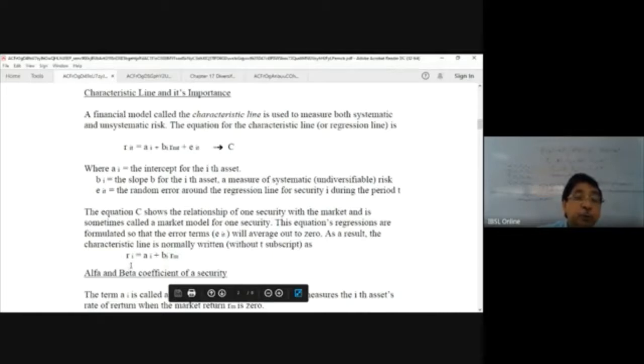So how do we get this? They took an equation with different iterations, and with all these iterations, the error part has been taken out. It has been averaged out to 0. So then the equation becomes Ri is equal to AI plus Bi Rm.